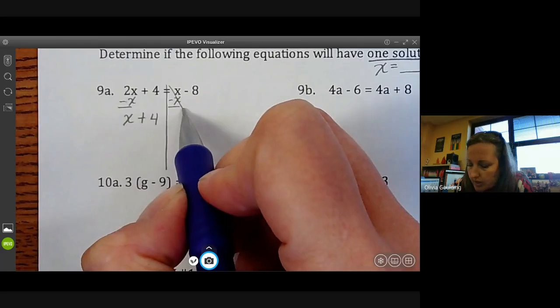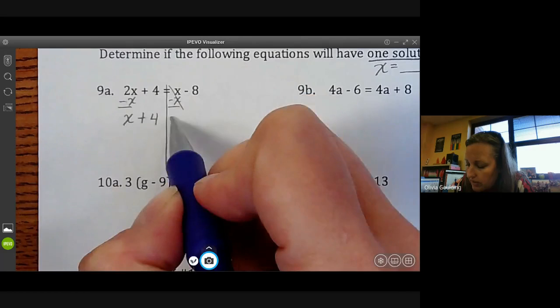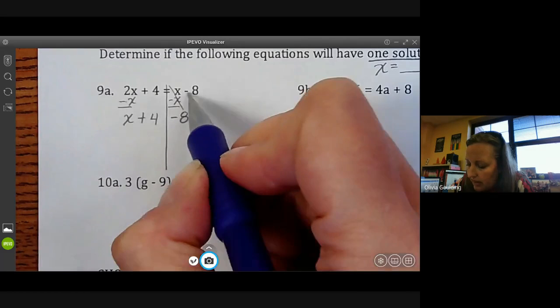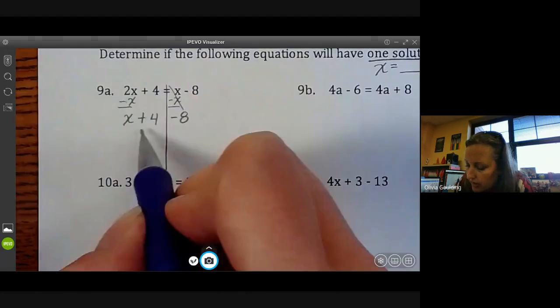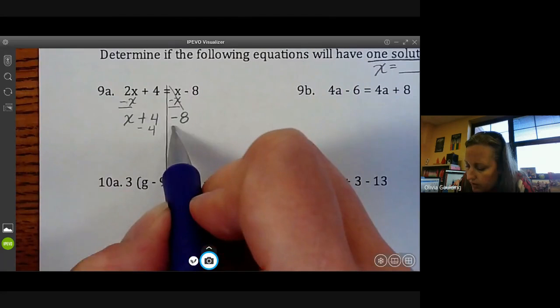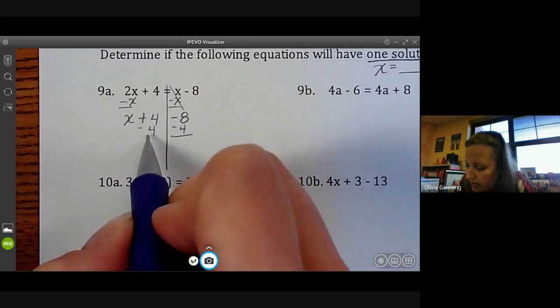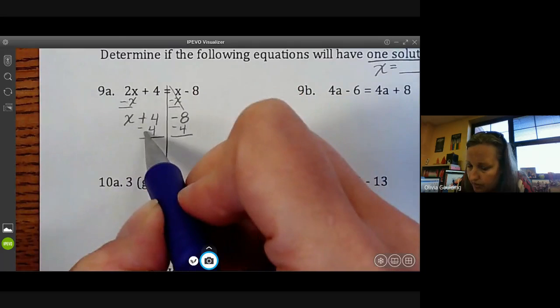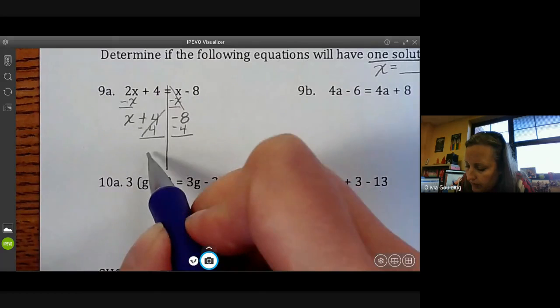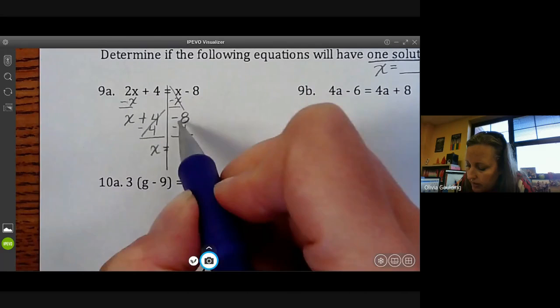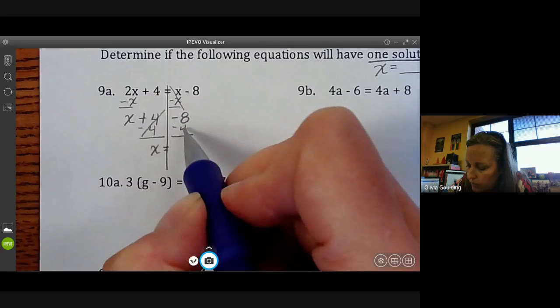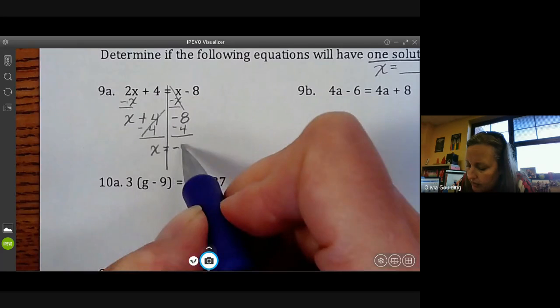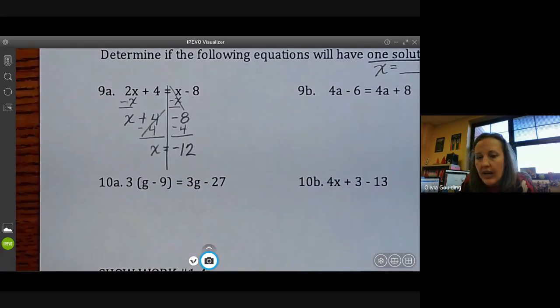These are additive inverses, so they're gone. And what's left is a negative 8. I have to bring down that negative. I'm going to subtract 4 from both sides. Additive inverses make 0. So x equals negative 8 minus 4, which is negative 12.